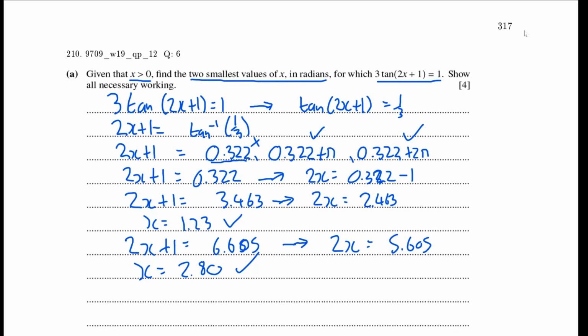That's just using your calculator. For tan, it repeats every 180, but for sine and cosine, you have to use different methods. Secondly, the rearrangement. Another pitfall, just make sure you get your rearrangement correct. Third, and I think this is the main one, just not doing what the question says. So giving an answer where x is less than 0, or not doing the two smallest values of x.